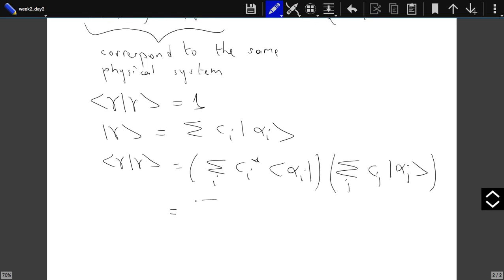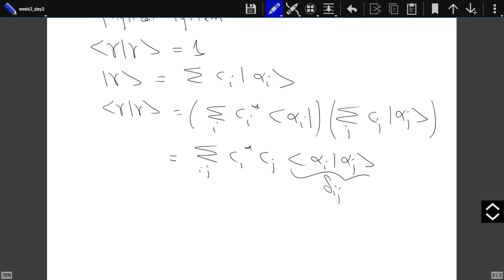Well, if you combine the summations, Ci star Cj times the inner product of alpha i with alpha j. Our basis, unless stated otherwise, we will always exclusively work with an orthonormal basis. So this is the Kronecker delta ij. Now if I sum over j, this Kronecker delta tells me only the j equal to i term survives. So this is the sum over i of the absolute value of Ci squared.